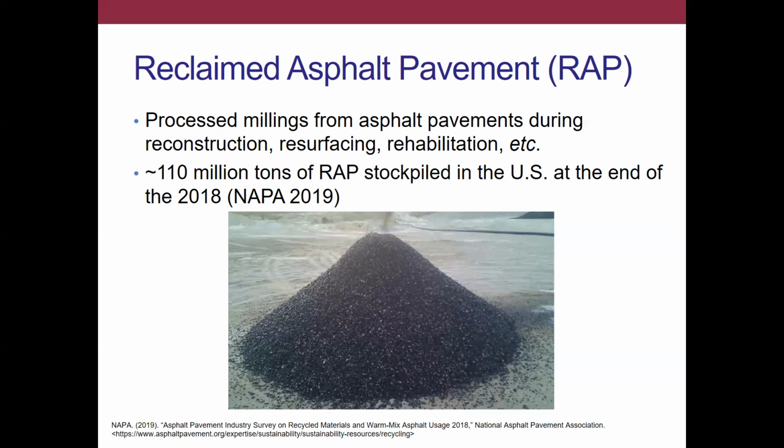And this number seems to be continuing to increase. From 2017 to 2018, the amount of stockpiled material increased by 8% alone. So in other words, we do have a fairly large stockpile of this material.